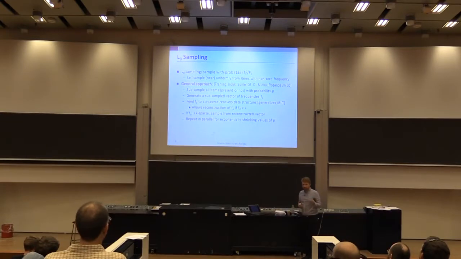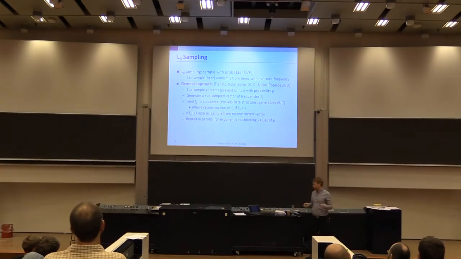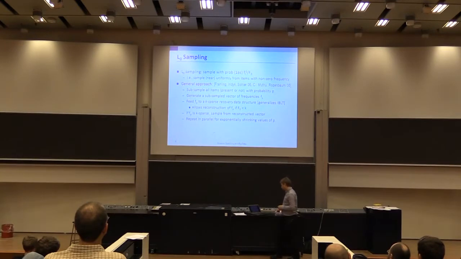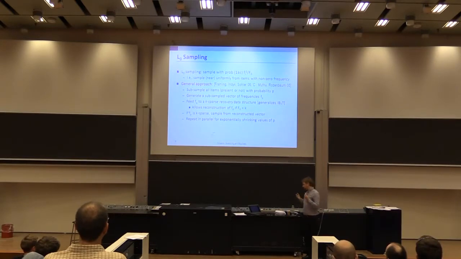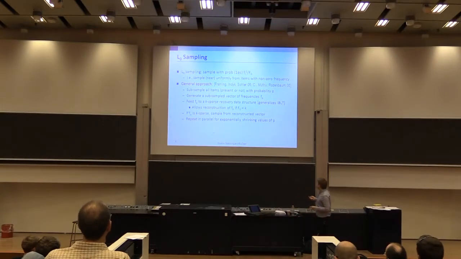Based on a hash function with probability p, an item will either pass and go into some subsequent data structure, or it will fail and be ignored. This generates a subsampled vector of frequencies, which I'm denoting by the vector f_p, based on the probability p.